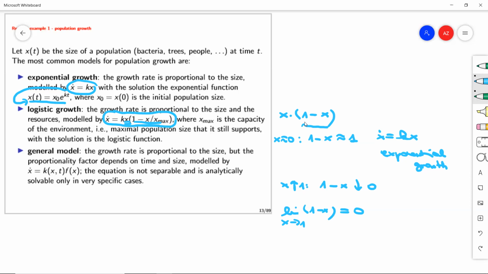But then we can have also more general models. So in general models, it depends on the problem, but the right-hand side can be some function of the size and time times some function of the size.